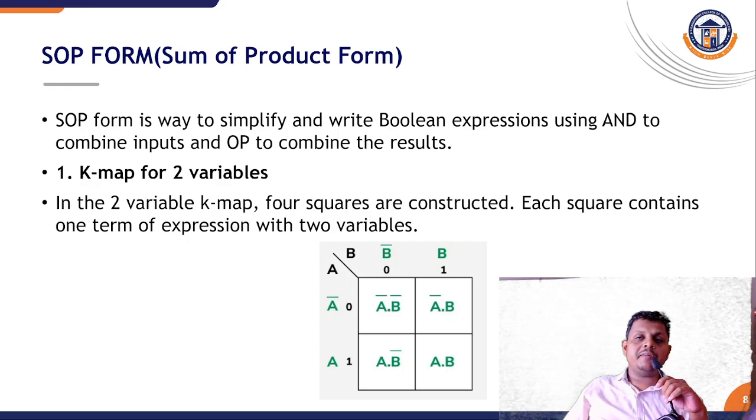The variables are A and B. A bar for 0, A for 1, B bar for 0, B for 1. By plotting, the values we are obtaining are A bar B bar, A bar B, A B bar, A B. So this is the two variable Kmap in SOP format.